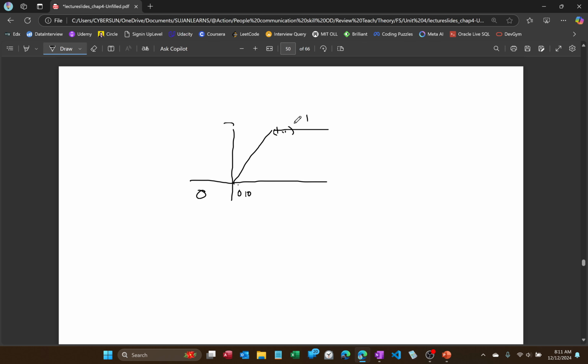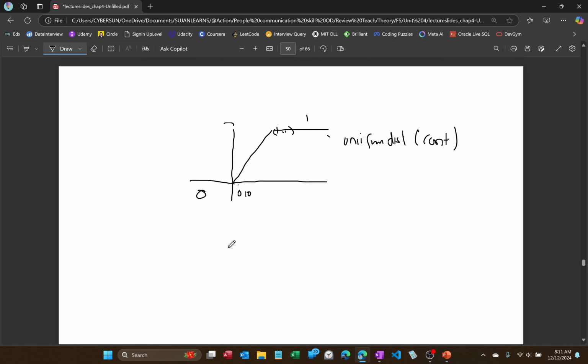It doesn't go beyond that. This is the CDF of a uniform distribution, which is a continuous distribution.